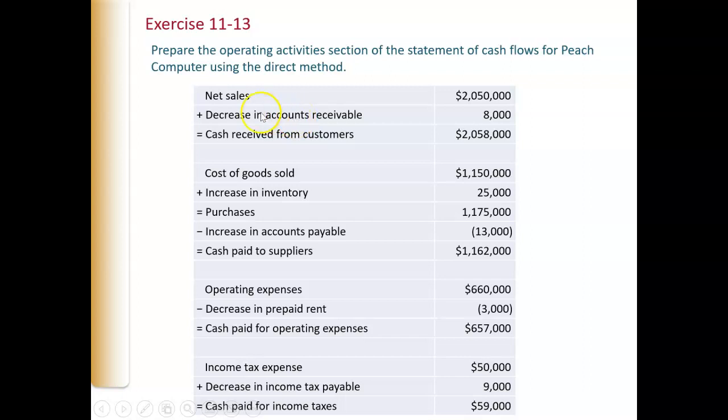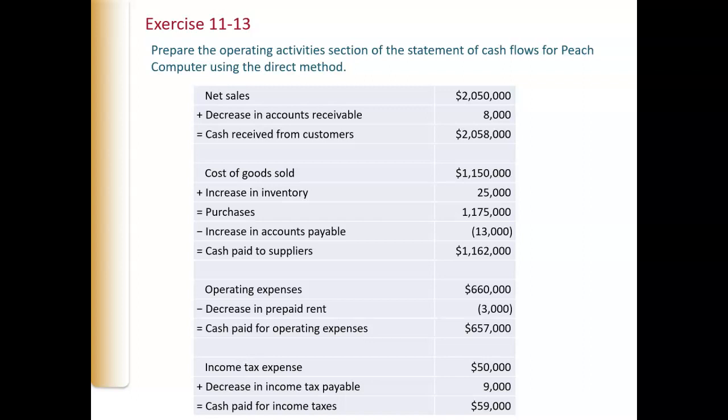Now, guys, when we have a decrease in accounts receivable, we know to add it, don't we? We do the opposite. So the way we can find out the real cash we receive from customers is by taking our sales and then a decrease. Think about this, guys. A decrease in accounts receivable.